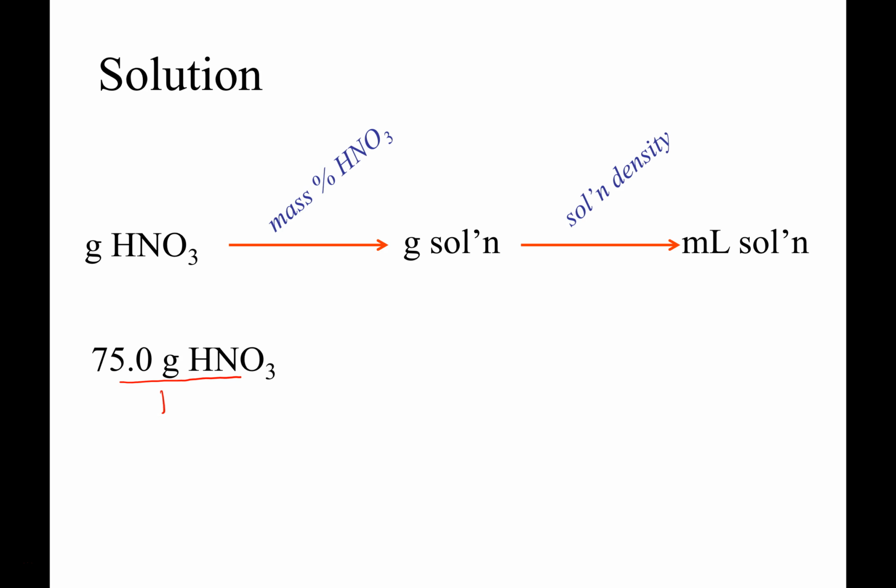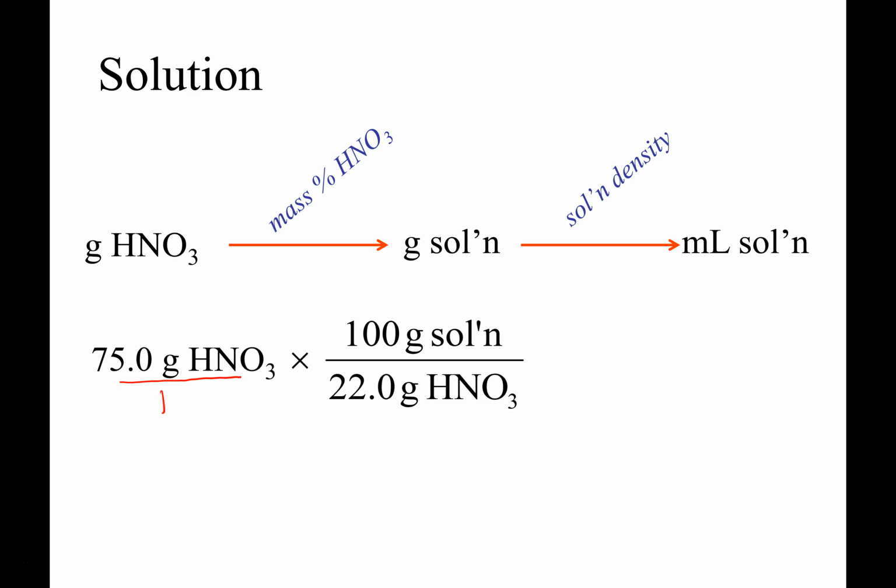Grams of HNO3. The weight percent had units of grams of HNO3, but it's the flipped version. So I put 100 grams of solution on the top, 22.0 grams of HNO3 on the bottom, and grams of HNO3 cancel. It's perfect.